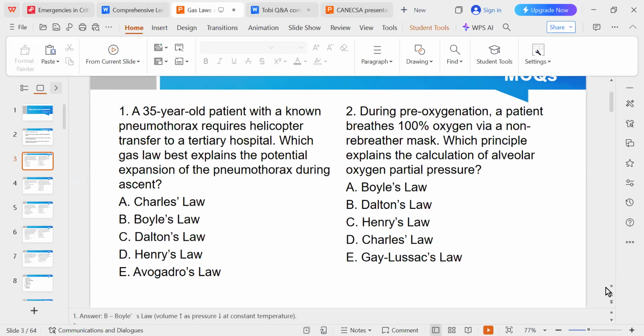Which of the gas laws below explains the potential expansion of the pneumothorax during ascent? A. Charles' law. B. Boyle's law. C. Dalton's law. D. Henry's law. E. Avogadro's law.